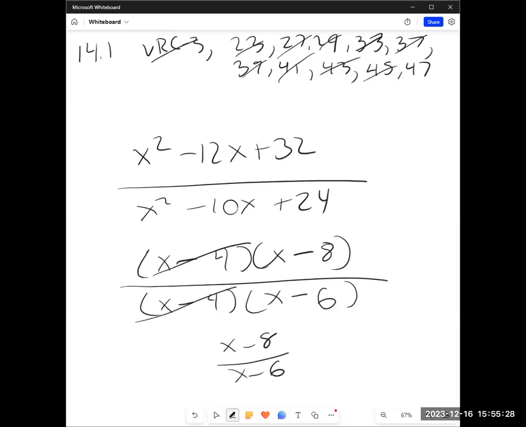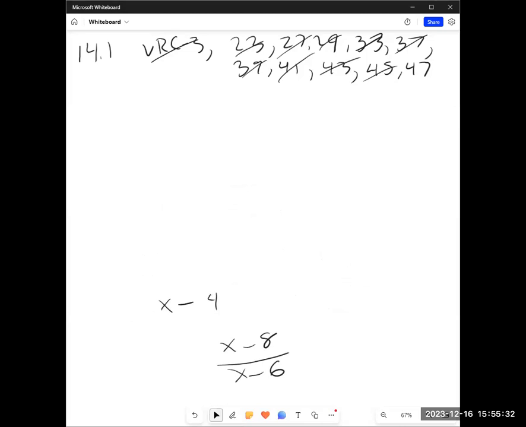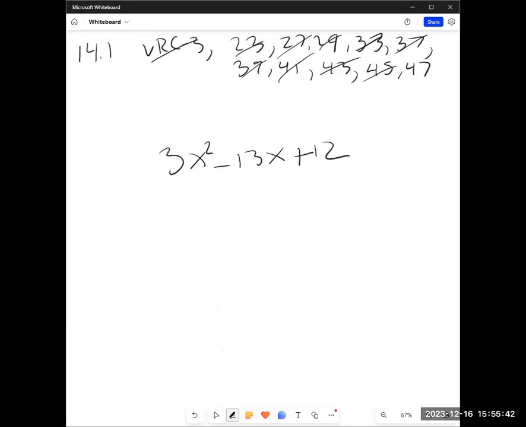One last problem here. 3x squared minus 13x plus 12 over 3x squared plus 11x minus 20.